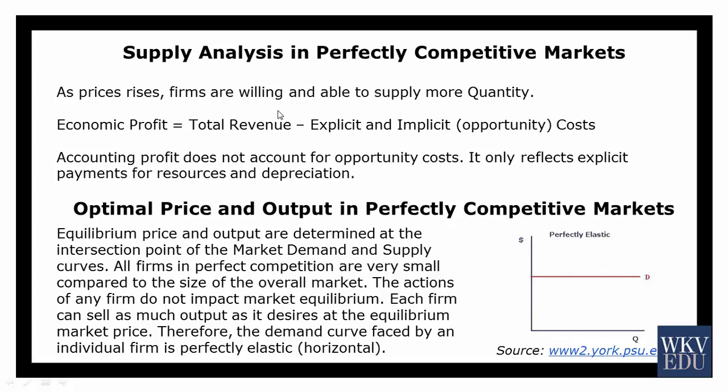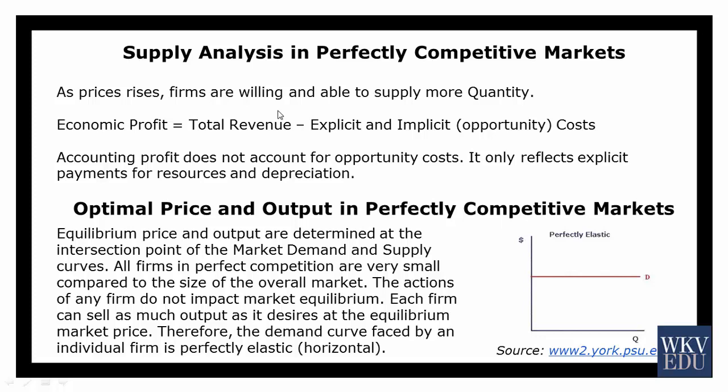Coming down to optimal prices and output in perfectly competitive markets, the equilibrium price and output is determined at the intersection of the demand and supply curve. This is the case everywhere, as we know that the market demand curve is downward sloping while the market supply curve is upward sloping.